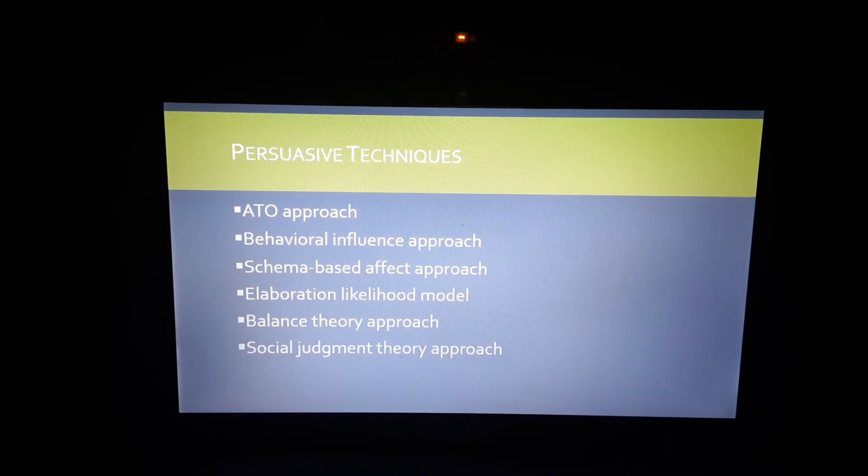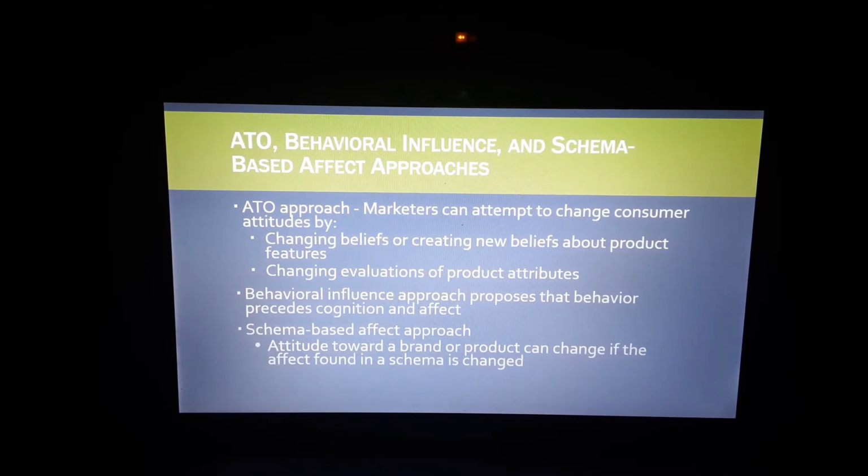So there are a variety of different approaches. We'll talk about them. ATO, behavioral influence, schema-based, elaboration likelihood, balance theory, and social judgment theory. So let's take a look. So ATO: marketers can attempt to change consumer attitudes by changing beliefs or creating new beliefs about a product, changing evaluations of product attributes, that kind of thing.